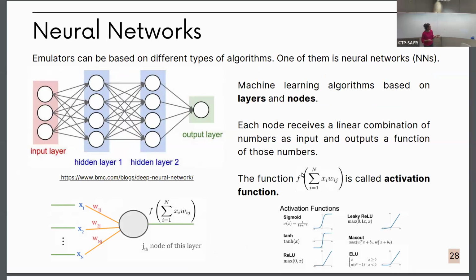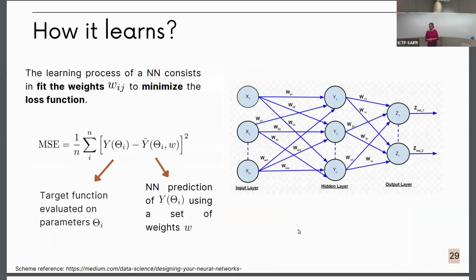You can choose different forms for this activation function, and the one you choose depends on your specific problem. So in truth, you need to test which one is better for your problem and your application of neural networks. And how does a neural network learn? Okay, so I give it many examples and the magic happens. In the end, it's a bit of a simple thing.